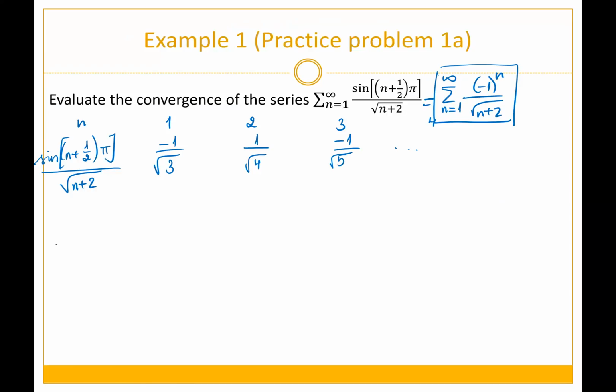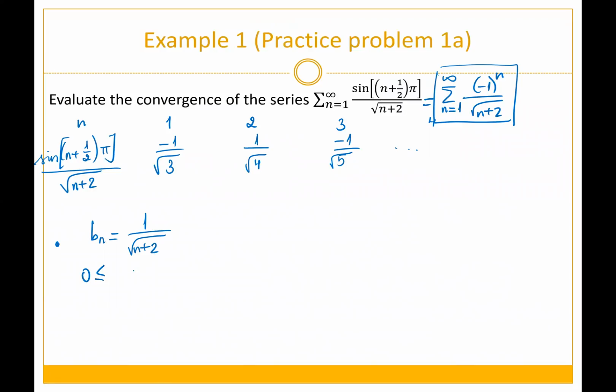So the two conditions of the alternating series test are, first, when you take the absolute value, 0 is smaller than or equal to the absolute value here. So we're gonna identify Bn as 1 over square root of n plus 2.